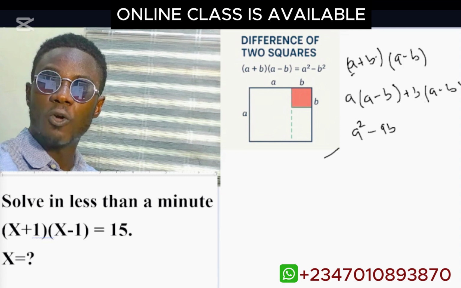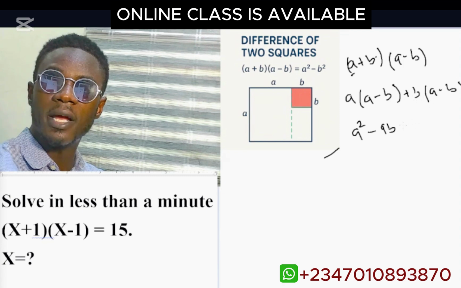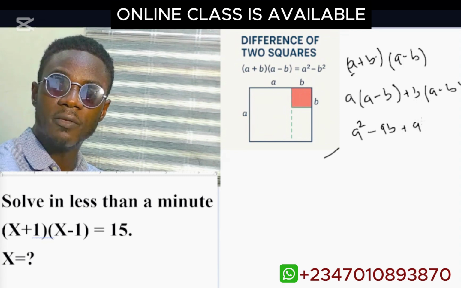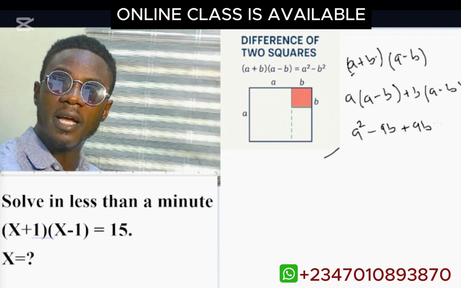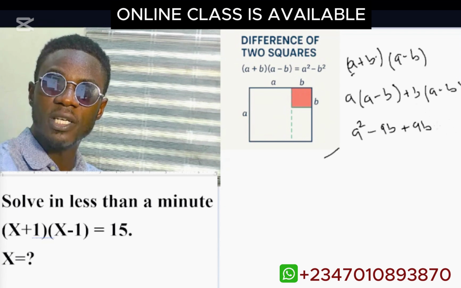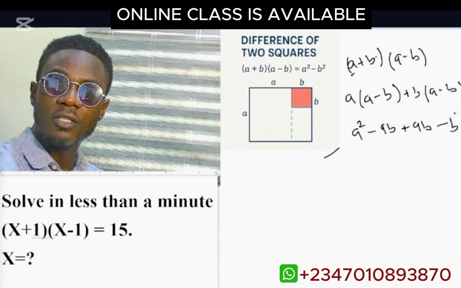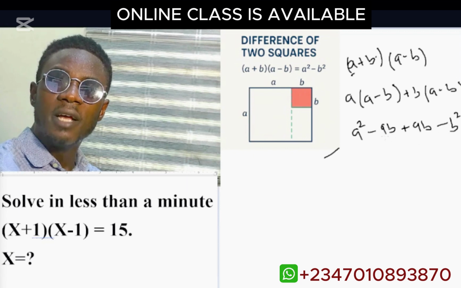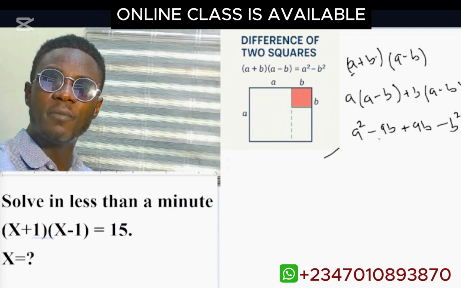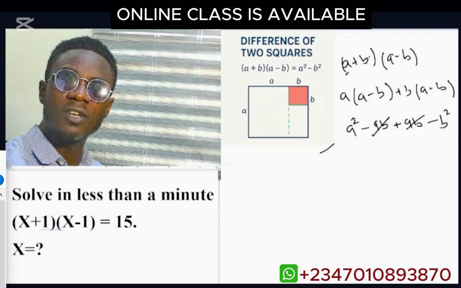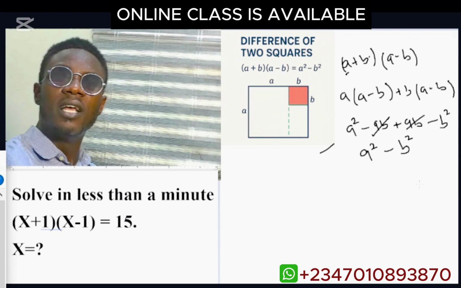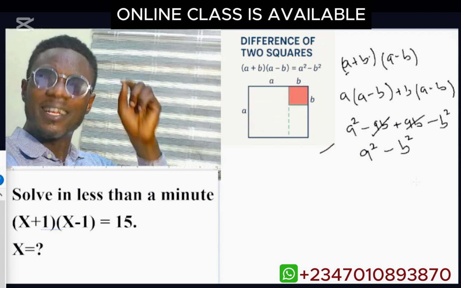Then plus b multiplied by a gives plus ab. Then plus b multiplied by minus b gives minus b squared. Easily, minus ab plus ab cancel out, so we eventually have a squared minus b squared. And this is just an identity.